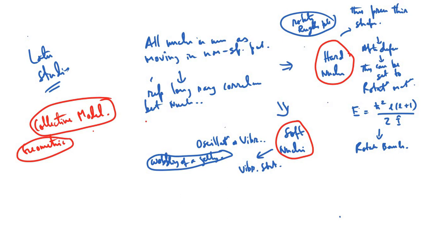So basically in these collective models, nuclei show collective or bulk behavior, bulk motion, unlike the single particle behavior like that of the shell model.